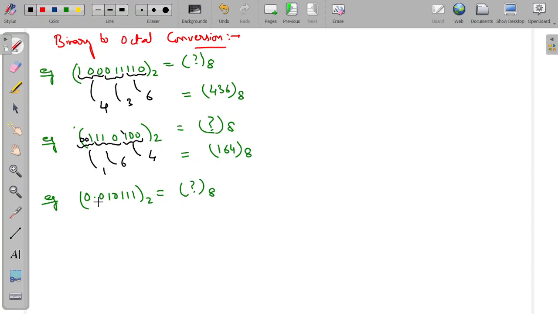So we start the grouping from here, this is 2, this is 7, right? So it becomes 0.27 in octal.